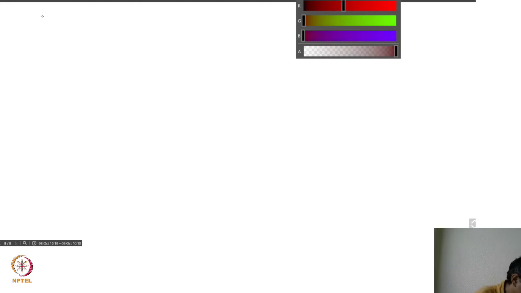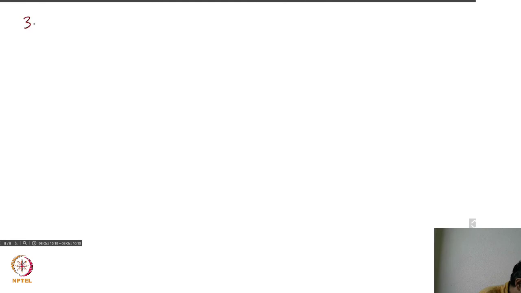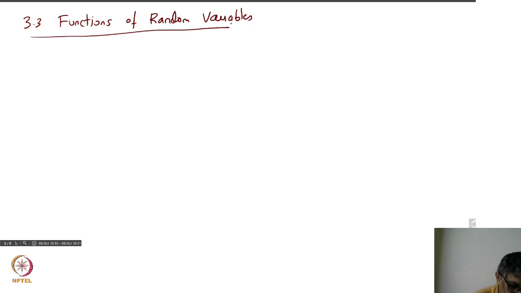So 3.3 is functions of random variables. So let's do a bunch of examples, and let's come to the formal definition after I do the examples.